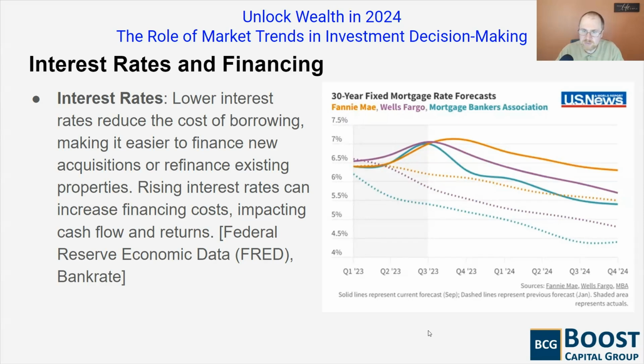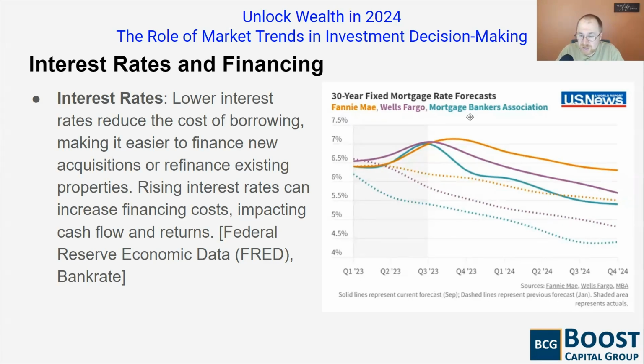I just put a chart here of the mortgage rates, which I know for multifamily commercial real estate is not exactly the same, but it gives a good indication of what to expect. We were expecting rates to go down in the last quarter of 2023. So you have Fannie Mae and projections from Wells Fargo as well as the Mortgage Bankers Association.